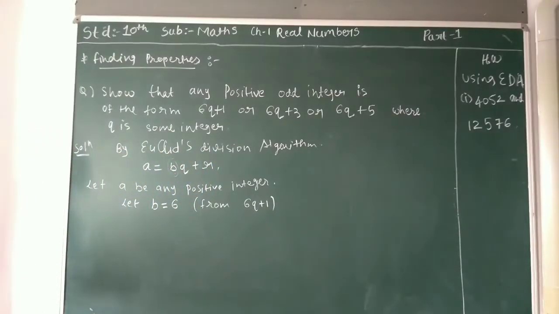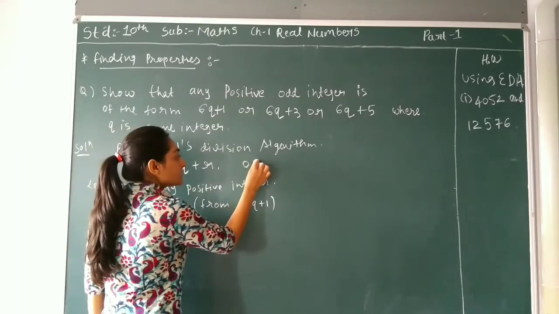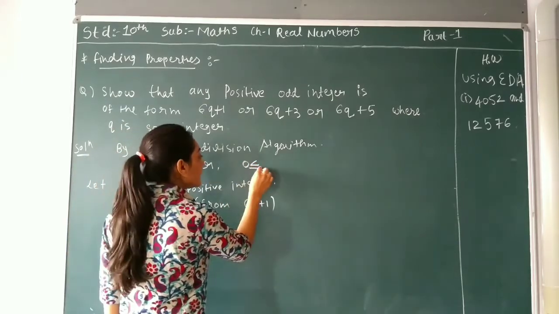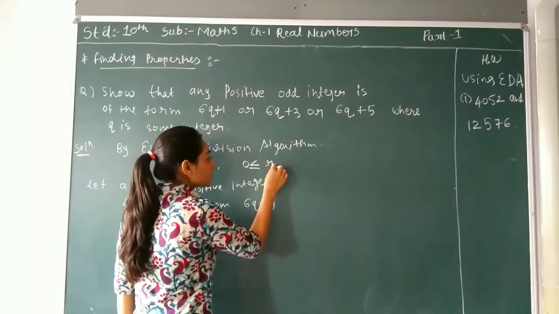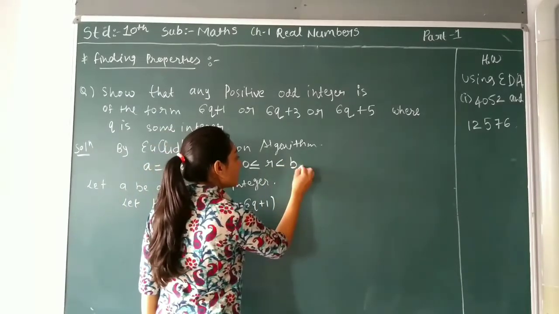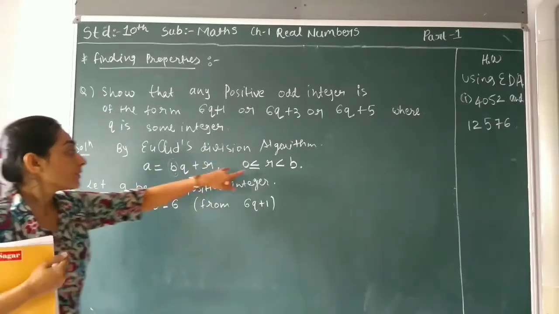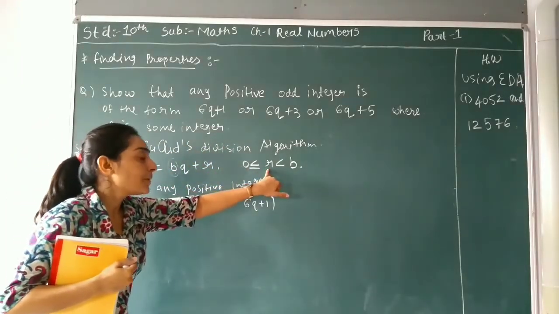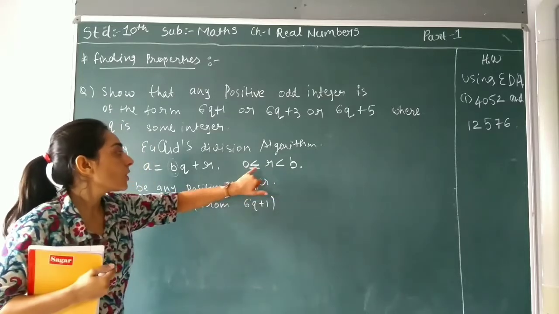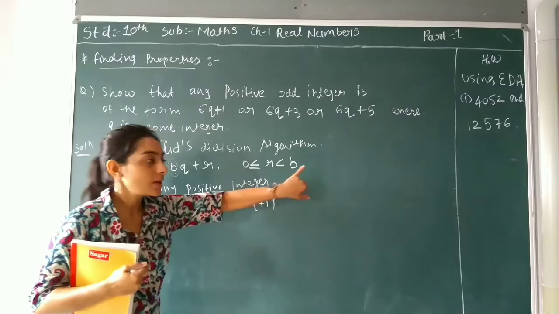Now we know that R is greater than or equal to 0 and less than my divisor B.